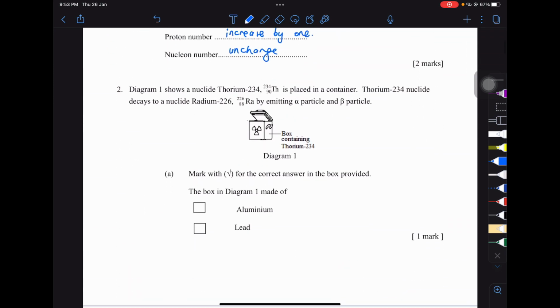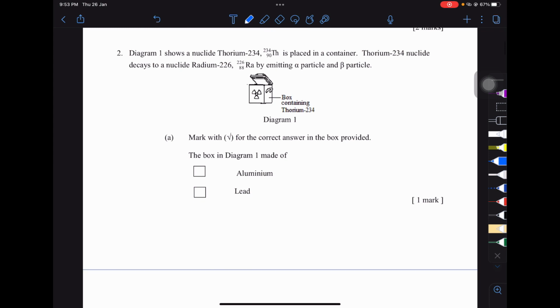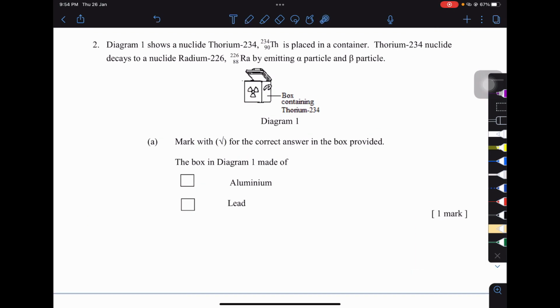Okay, calculate then. Look at question number 2. Diagram 1 shows a nuclide, thorium-234, placed in a container. Thorium-234 nuclide decays to a nuclide radium-226 by emitting alpha particle and beta particle. Mark for the correct answer in the box provided. The box in diagram 1 is made of... So this box containing thorium-234 has a hazard symbol.